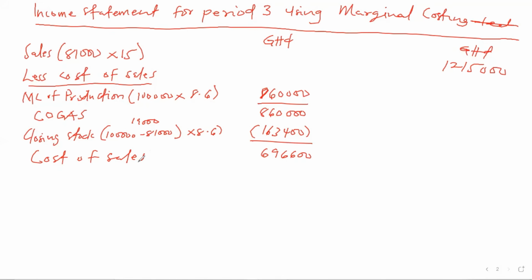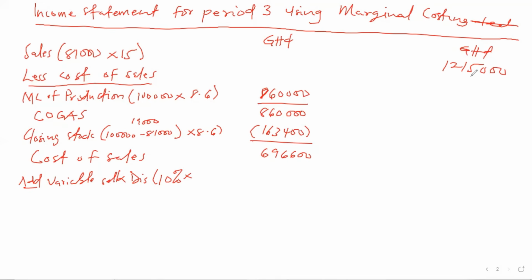Do you have any variable expenses? If they are variable expenses, you add them to your cost of sales. So when we look at the question, we have variable selling and distribution, and the question said it is 10% of sales. And what is our sales? This is our sales, not the sales unit.